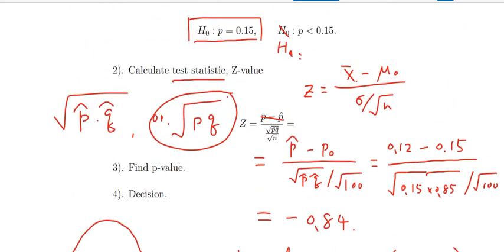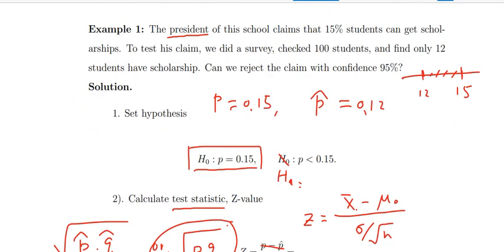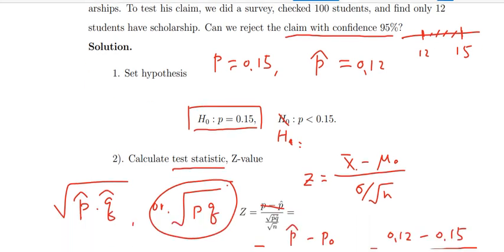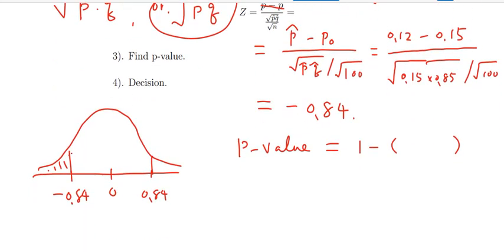So let's say decision. Alpha: claim with 95% confidence, so this means alpha is 0.05.